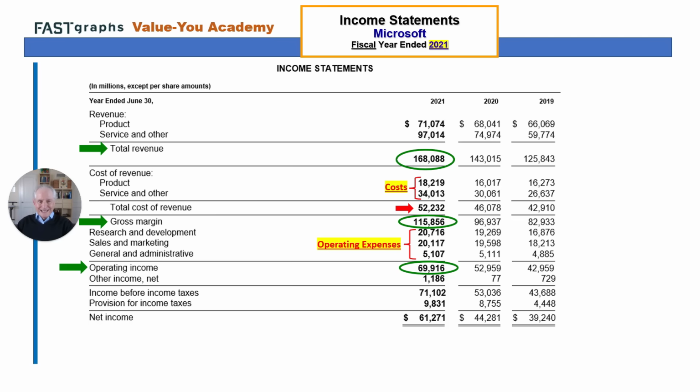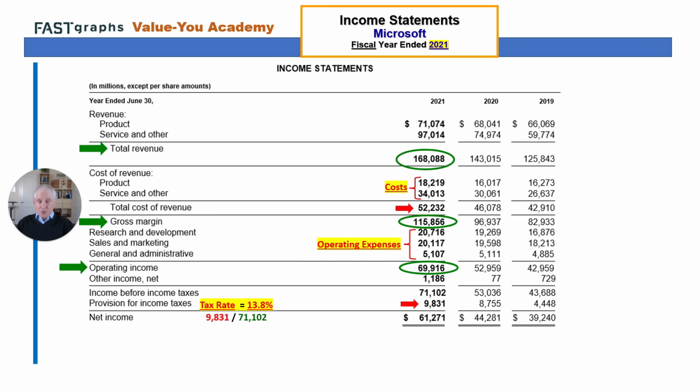We add that to the 69.9, we come up with 71.1 billion, and that's income they have to pay taxes on. And their provision for income taxes is 9.8 billion, bringing us down to net income of 61.2 or 3.